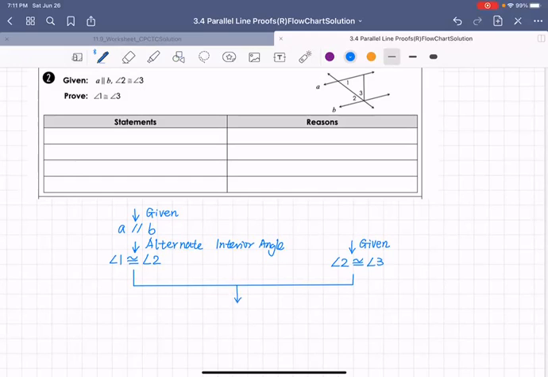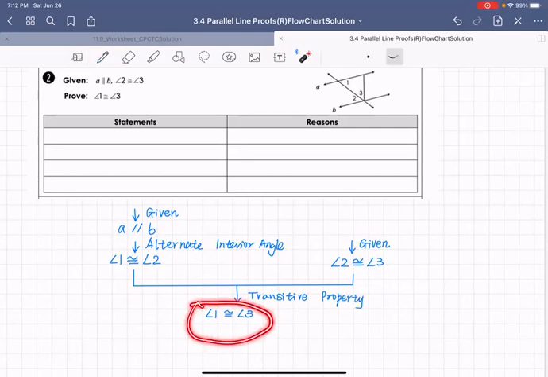Angle 1 and angle 3 are congruent. What reason do we put here? Transitive property. Very good. Okay, that's how we prove this one.